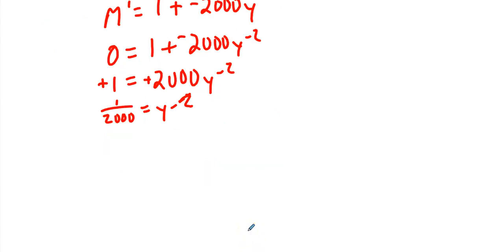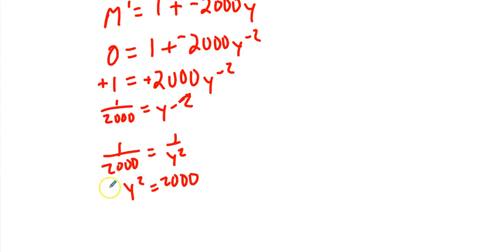Okay. And how do we now solve this? Well, you can think about cross multiplying. A few different ways to go about working through this problem. Cross multiply, so y squared equals 2,000, and then square root both sides.